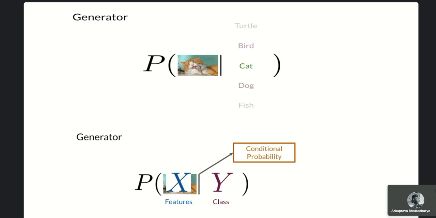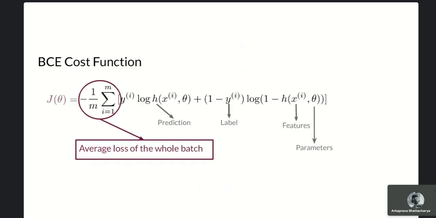Basically, the generator is given the class information, whether it is to produce an image of a cat or a dog, and then it produces that image. So the input is random noise and the class information, and the output is a set of features which represents a realistic cat.